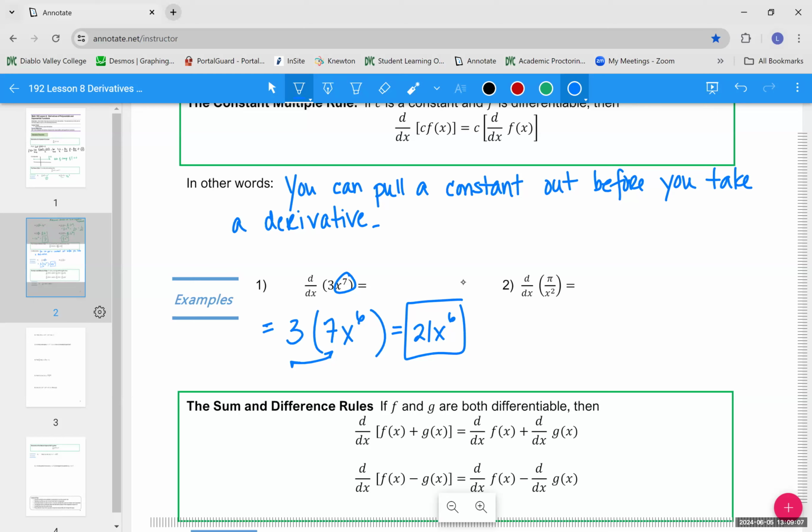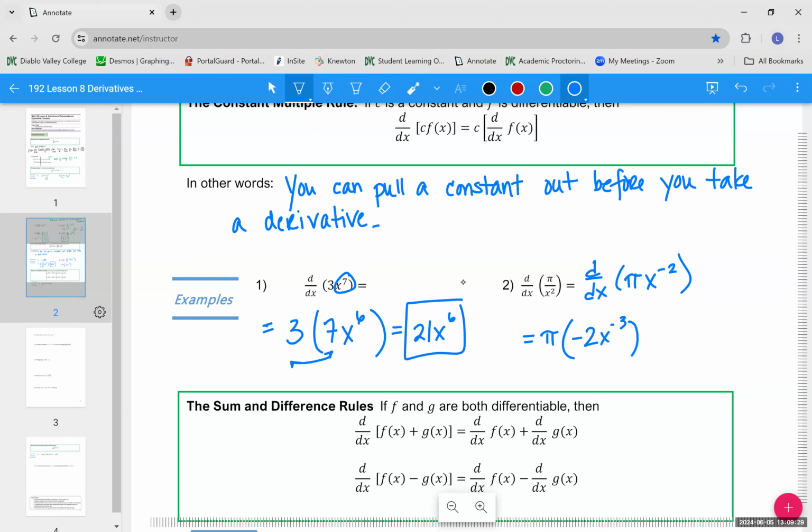So applying that same idea to the second one, we are probably going to need to rewrite this as pi times x to the -2 first. Then we'll pull that pi out front and multiply by the derivative of x to the -2.